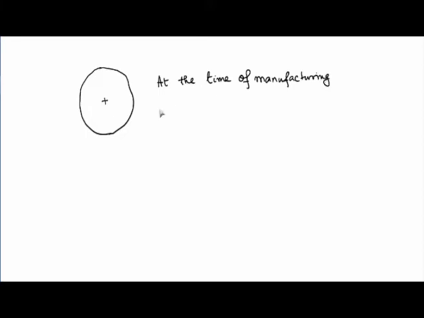Everything is very idealized at the time of manufacturing, so the geometric center of the wheel is equal to the center of mass of the wheel.